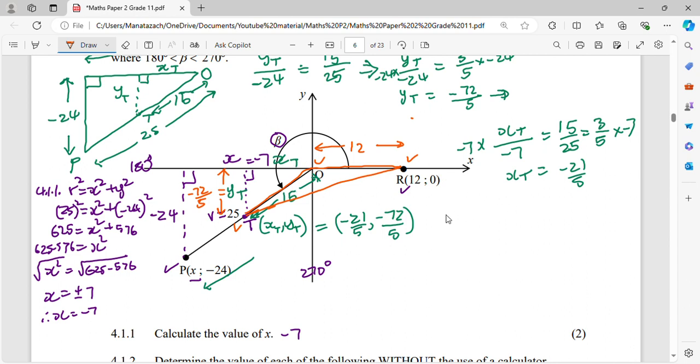So we'll say here, question B, the area is half base times height. The base is 12, and then the height is 72 over 5. Okay, that's 1 over 2, not 1 over 12. We just make it prettier.